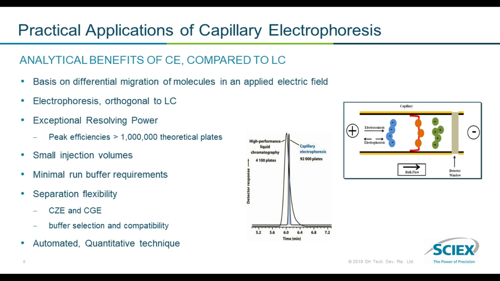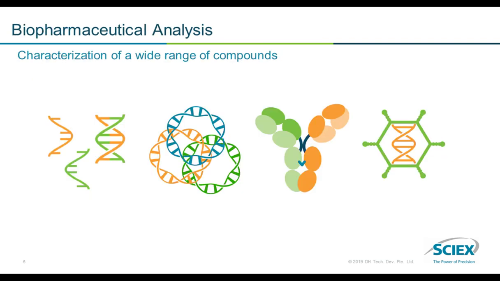And the other thing which is very nice is it's an automated quantitative technique. You can use CE for characterization of a wide range of molecules. You can analyze single-stranded DNA, double-stranded DNA, plasmid, antibodies, or even viral particles.